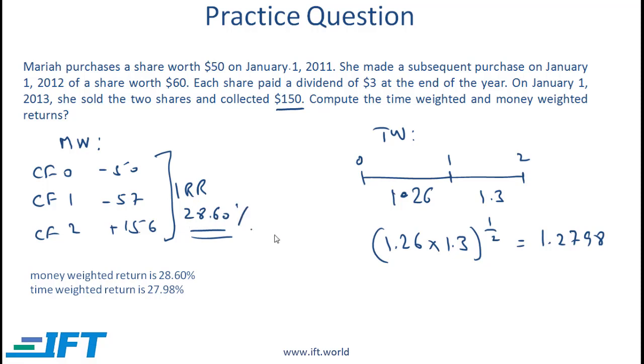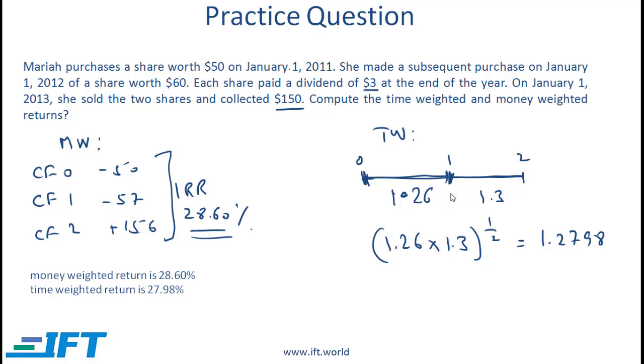That is a percent. For time weighted return, you calculate the return for each period. At the beginning of the period, you invested $50 and that particular share was worth 60, plus there was a dividend of 3. That means you had a return of 26%, or your $1 here at time 0 became 1.26 at the end of the period. For the second period, the return was 30%.